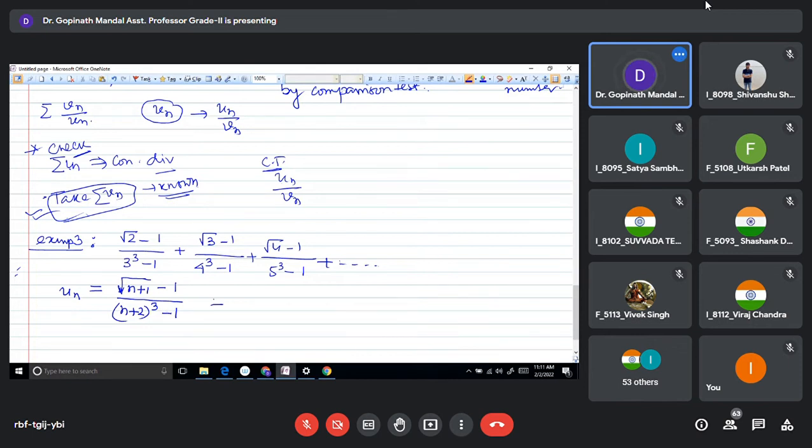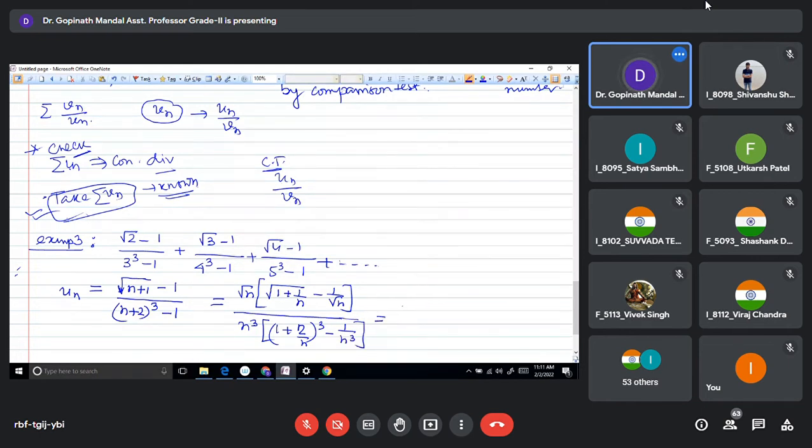Okay, now root n is common, so this will be 1 by 1 plus n minus 1 by root n by n cube. So this will be 1 plus 2 by n cube minus 1 by n cube.